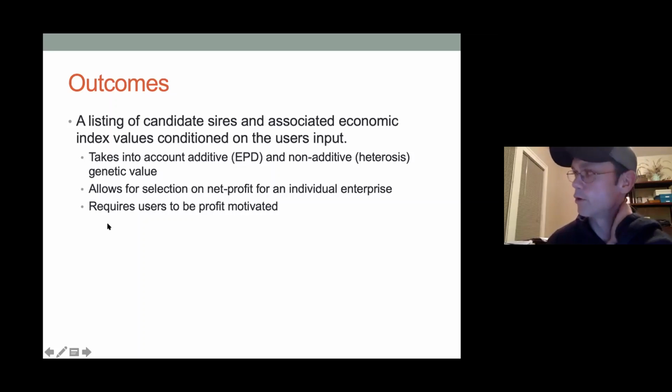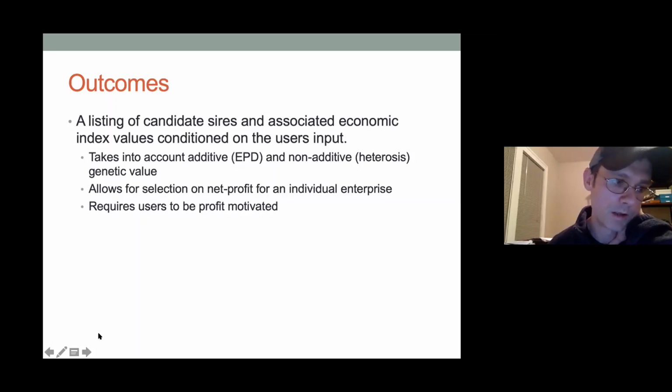So there are two ways to actually get a list of candidate bulls into the system. One is that a user is actually able to upload them, right? So if I have a list of bulls and I have their EPDs, I can upload it to the system. The other is for participating organizations, you can think of it as a breed association.